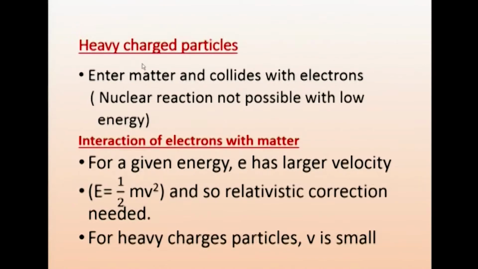When you say heavy charged particle, like alpha, when heavy particles enter matter, they will collide with electrons. A nuclear reaction is not possible with low energy. So, an energetic heavy charged particle like alpha will collide with electrons, and it will not enter the nucleus.